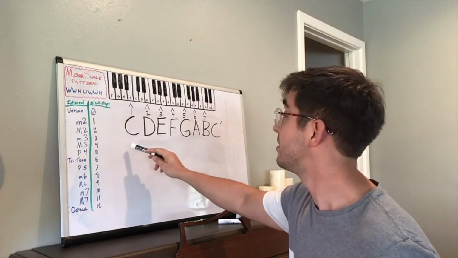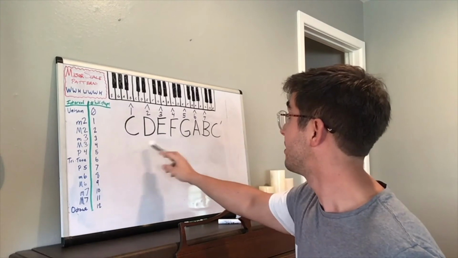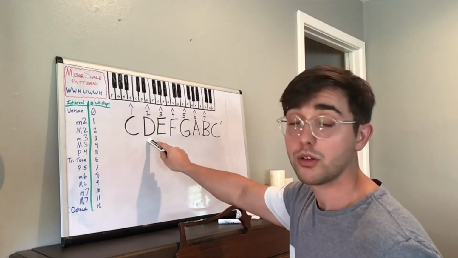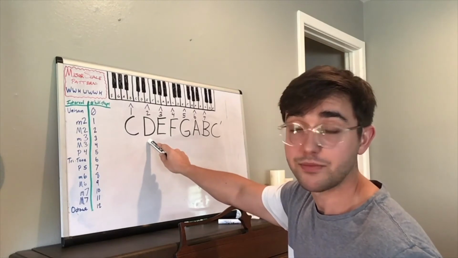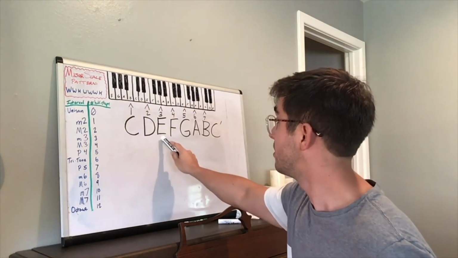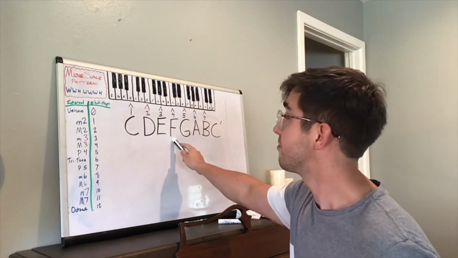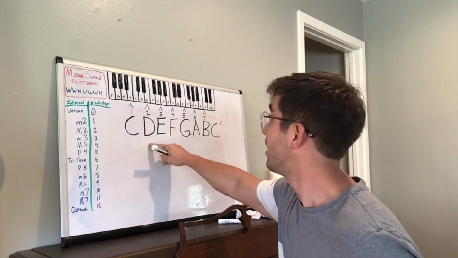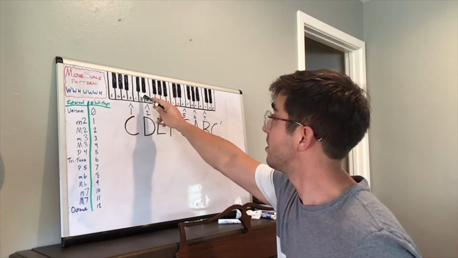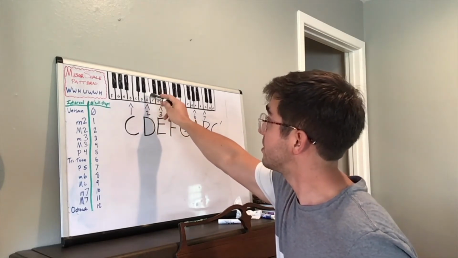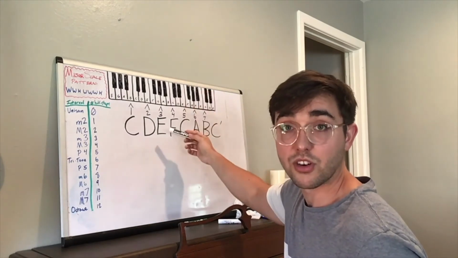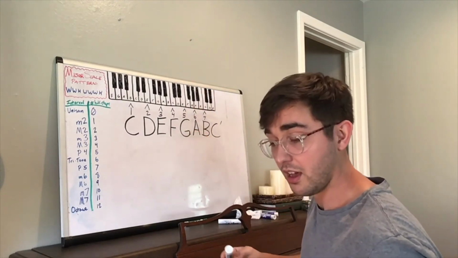Our first minor third, starting from the bottom of the scale, is D. 1, 2, 3. That's a third. D to F is a third. It's also, if we look up here, 1, 2, 3 half steps. So it is a minor third.